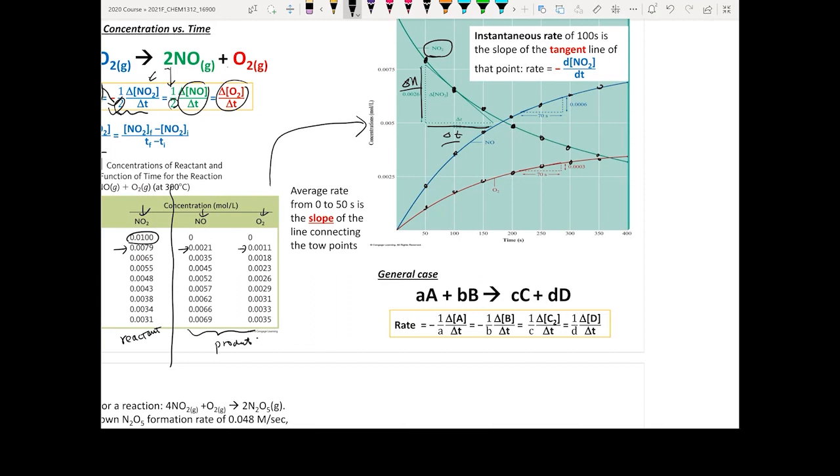The other thing I want to mention is that the rate we calculate here is the so-called average rate, because you measure over an extensive amount of time, right? Each time step is 50 seconds. Think about this: if you make the measurement much, much shorter, at any point you can also calculate the rate. That kind of rate is the so-called instantaneous rate. So there are two types of rates you need to know.